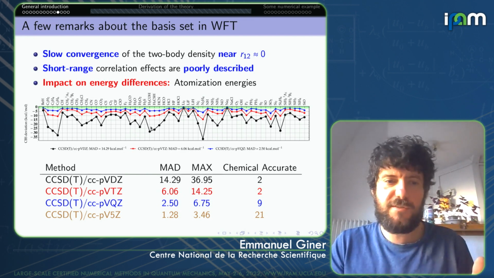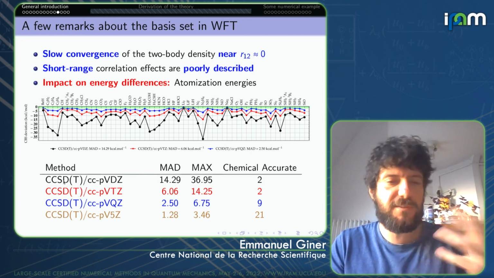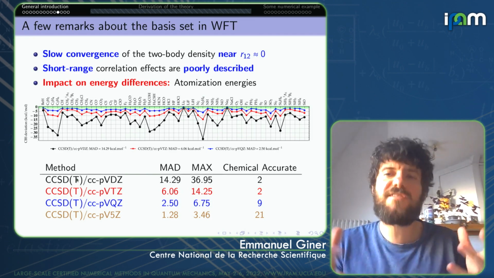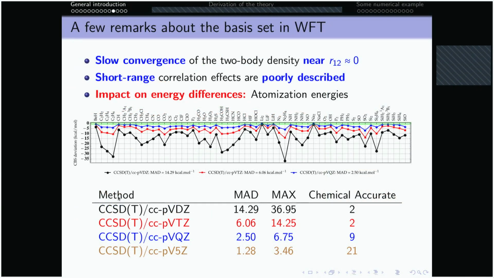In that case, the so-called CCSD(T), the coupled cluster with singles and doubles and perturbative triples, is what is usually called the gold standard of quantum chemistry. This CCSD(T) is the full CI in the basis, roughly speaking. So here the leading-order approximation is not the approximation to the full CI, but really the basis set.